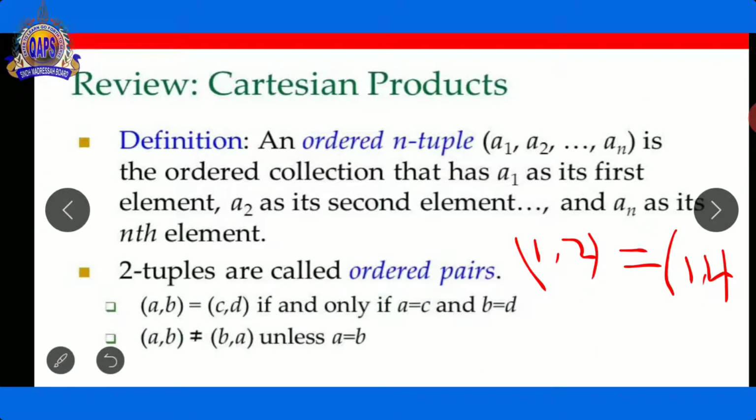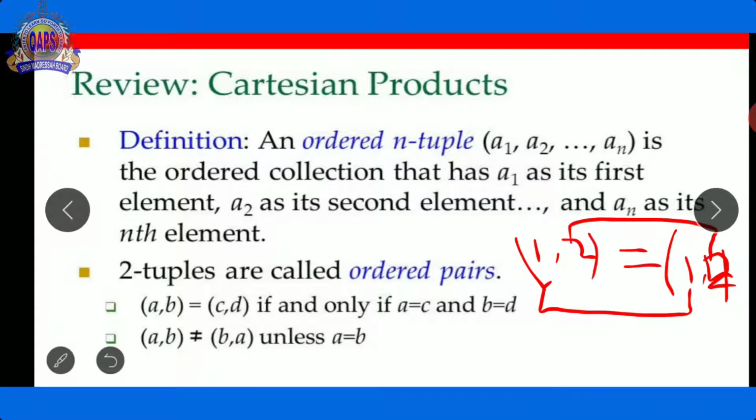So this 1 is equal to this 1, and this 2 is equal to this 2. Okay, this is 2. So when the first element is equal to the first element and the second element is equal to the second element, that's why we can say these ordered pairs must be equal.